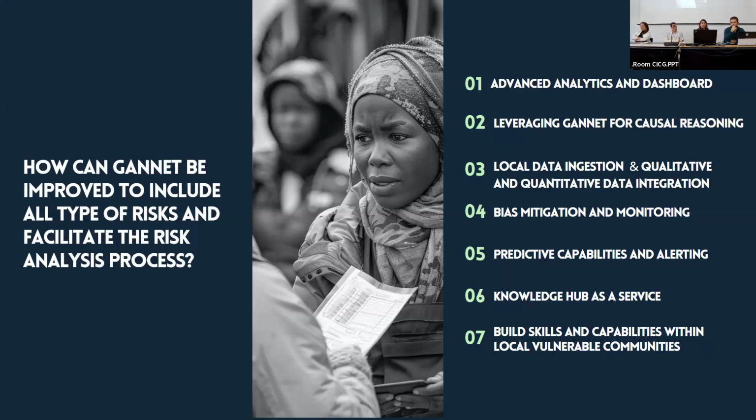Also, we don't currently have local data ingestion, but we are aiming for it in the coming months, and also adding quantitative data and bias mitigation and monitoring, as Hamish provided, to see how we can detect bias.